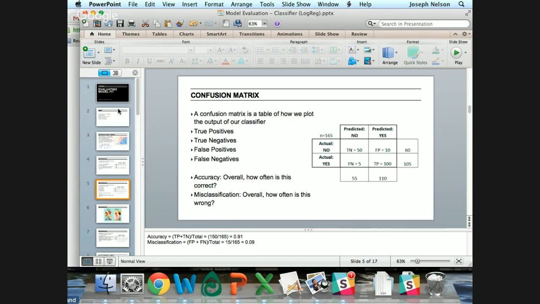The second thing is misclassification. How would we calculate how often our model is wrong? Yeah, you can either just do 1 minus accuracy, or if we just want to do it from the table, what values would we use? Both of those. Oh, right, yeah.